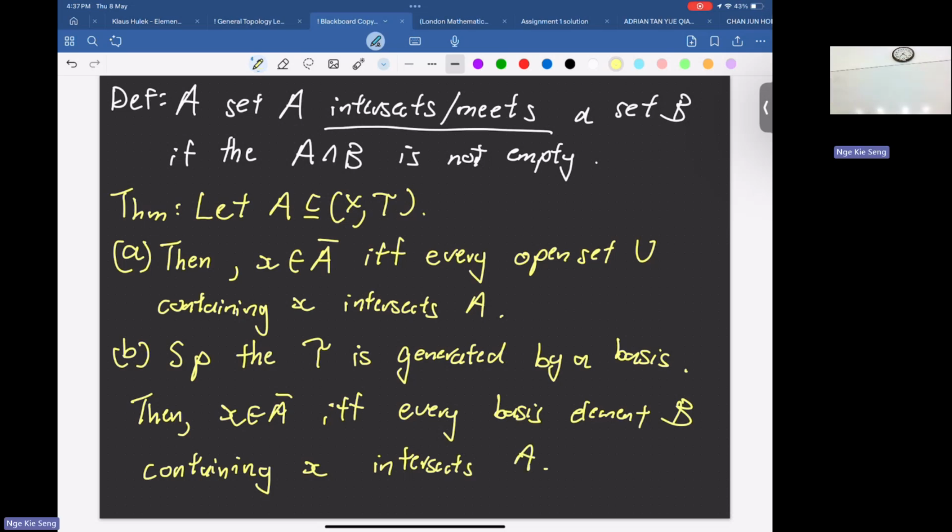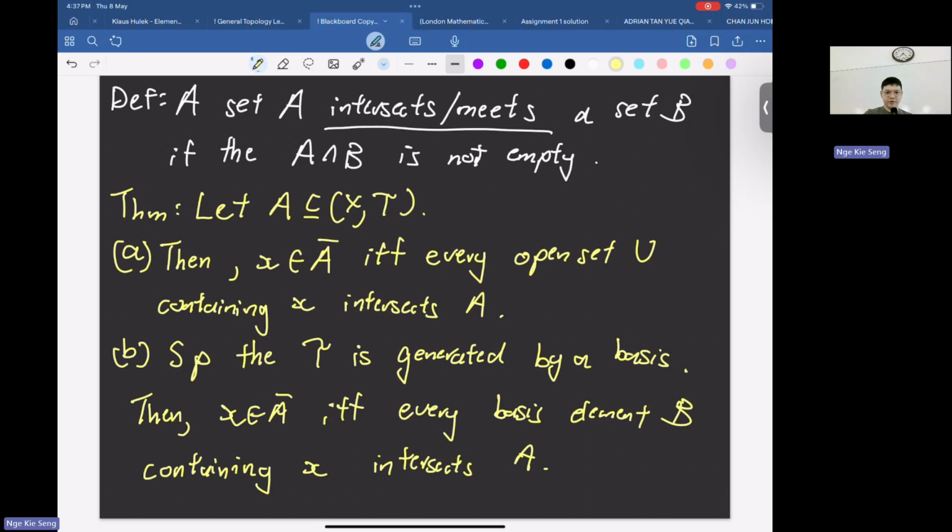Instead of checking an arbitrary open set, you just need to check basis elements. Does it make sense? This shows another nice thing about basis elements. It's a fundamental open set that you need to build your topology.